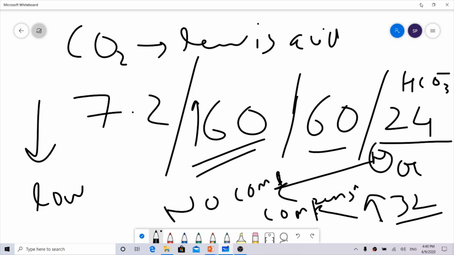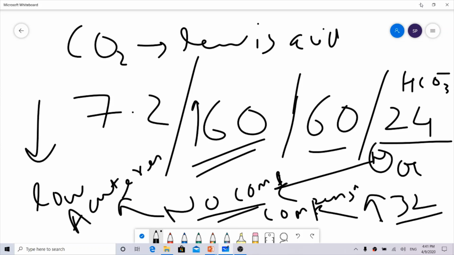The kidneys actually take time to kick in for compensation. If there is a rise in CO2 levels, the bicarbonate levels start rising in approximately 2 to 3 days. So if you get a picture where there is no compensation, what you are looking at is acute respiratory acidosis. So it's an acute condition.